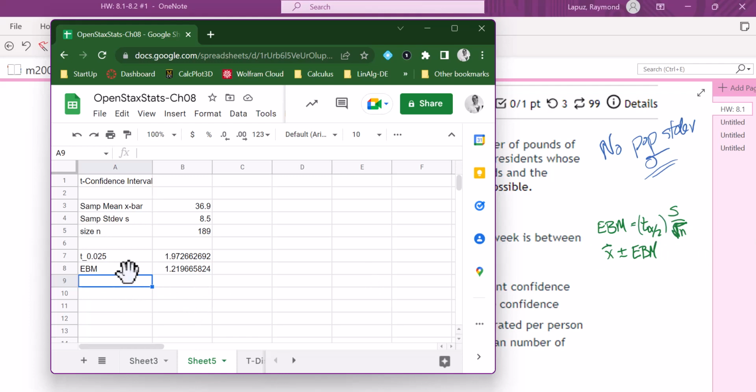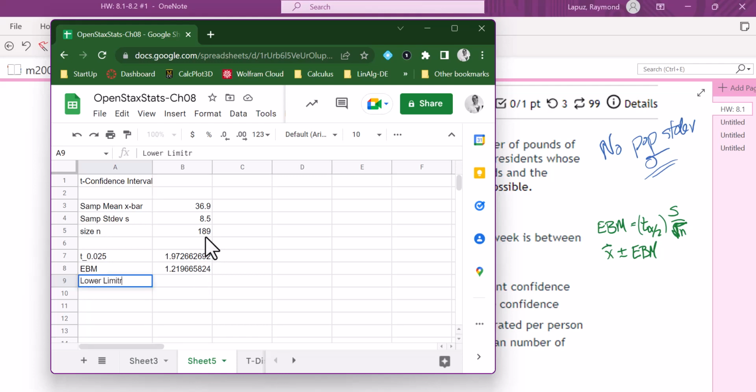Now I want to subtract this EBM from the X bar, and I want to add this EBM to the X bar to get my lower and upper bounds. All right, so X bar minus EBM. So this is a lower bound.